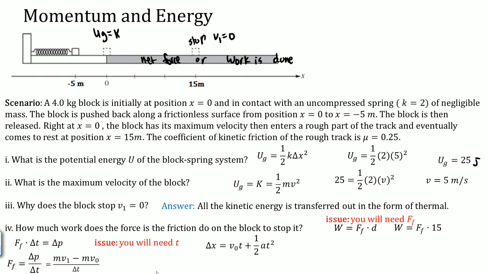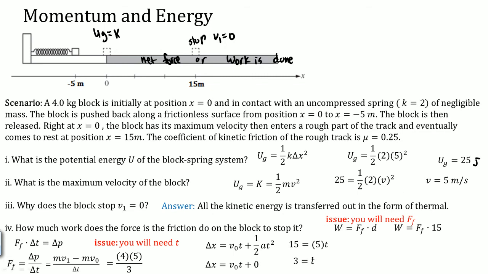So you have to actually use your kinematics equation. This is the classic kinematics equation: delta x equals v naught t plus 1/2 a t squared. A equals 0 because there's no acceleration in the horizontal. So the position is equal to velocity times time. Plug it in, you get t equals 3 seconds. Now you have 3 seconds.